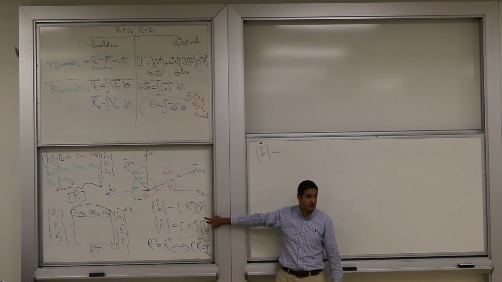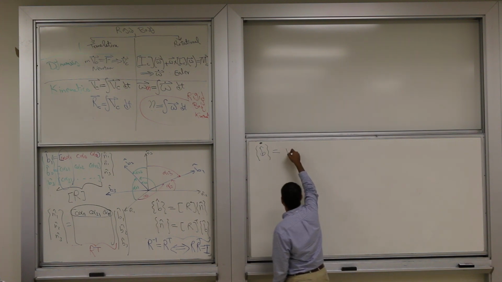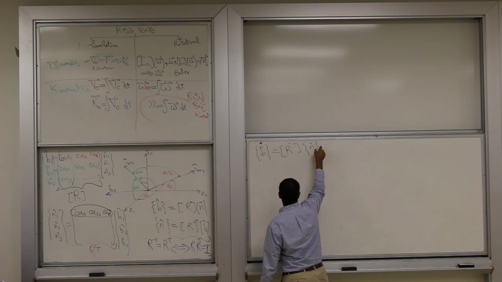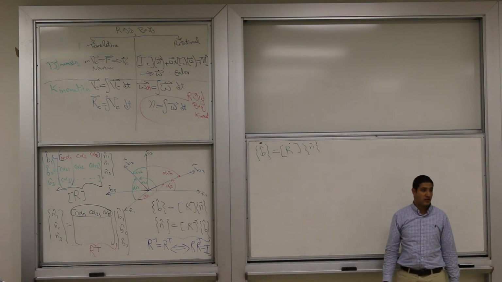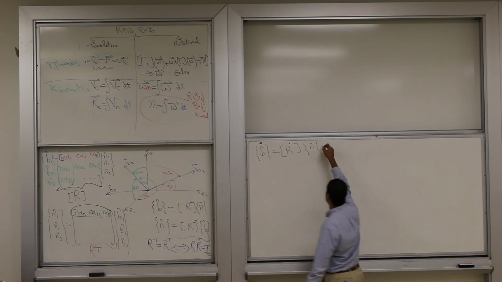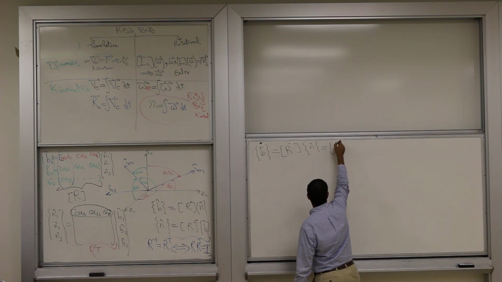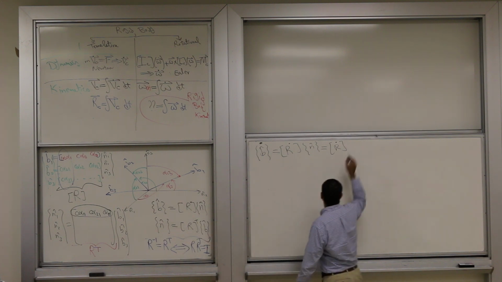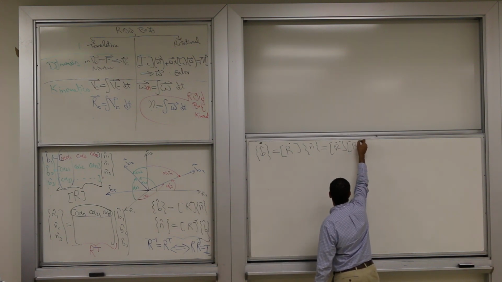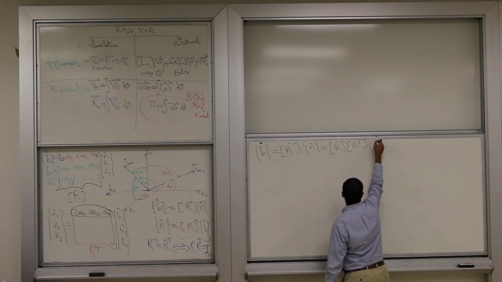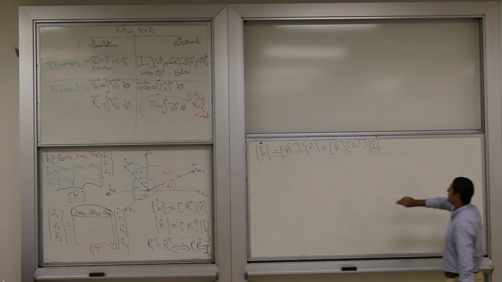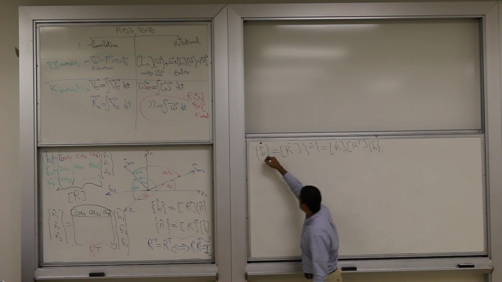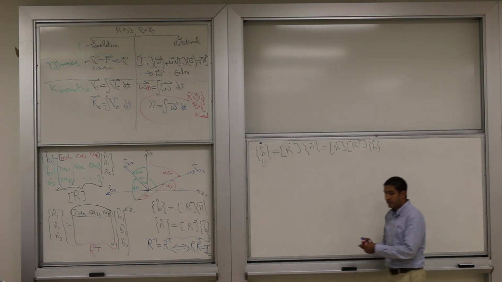The n frame is fixed by definition, so this is simply R dot in the n frame, correct? And what about the n frame? Can you replace n in terms of B again? Yeah, the second line is R transpose in the B frame. So I managed to write the right hand side as something in the B frame. I want to write this guy as something in the B frame.